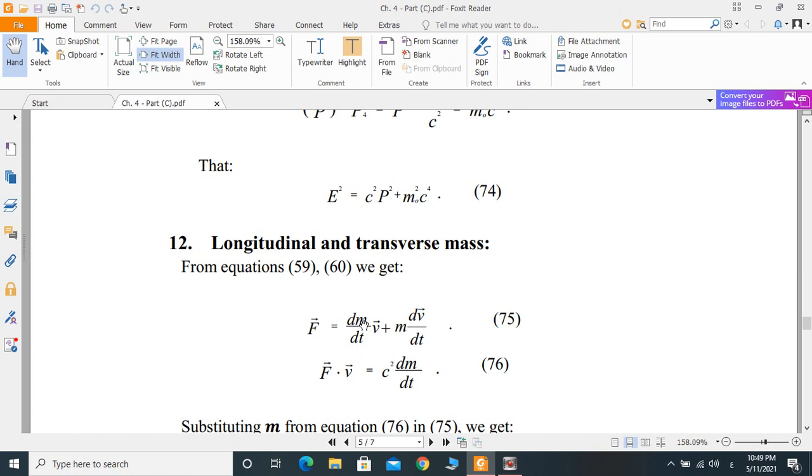F equals dm by dt v plus m dv by dt, and we got before F dot v equals c square dm by dt.